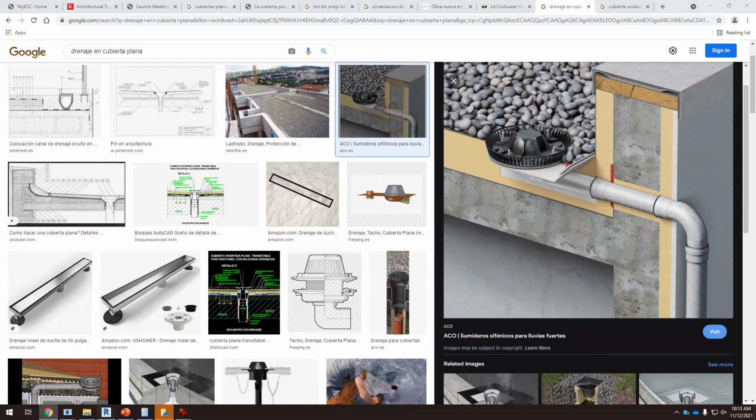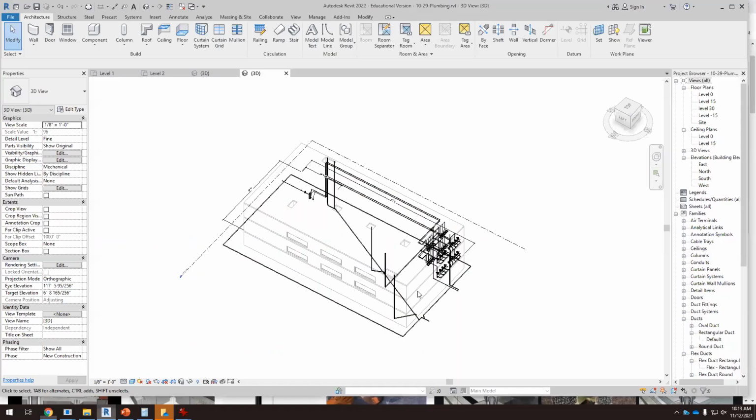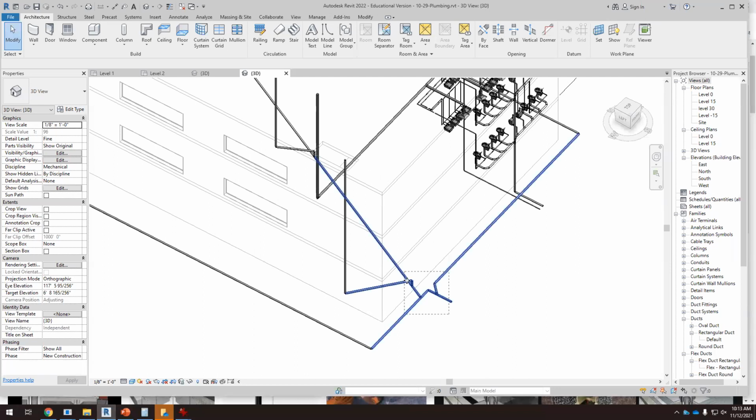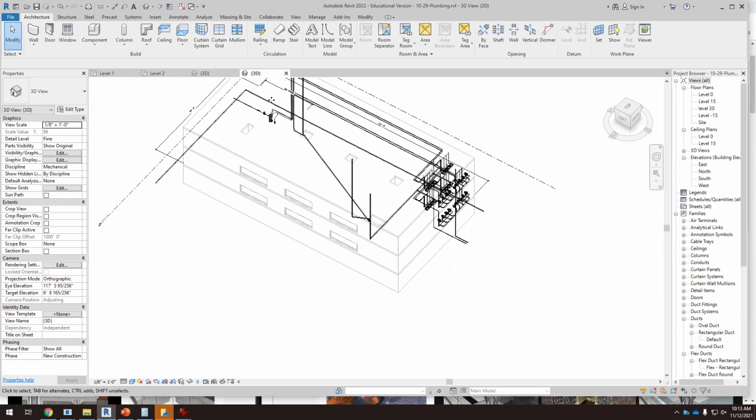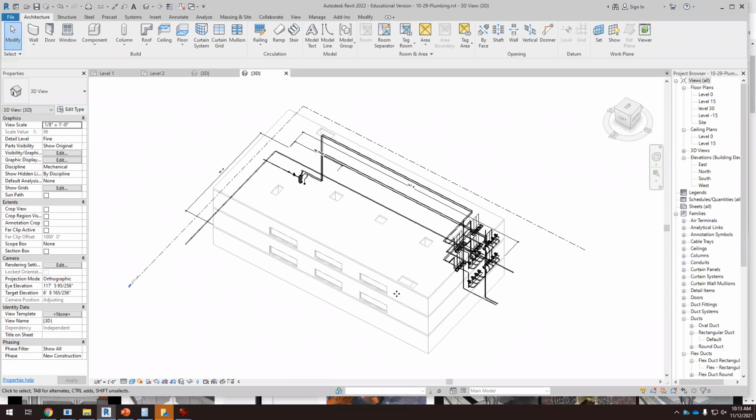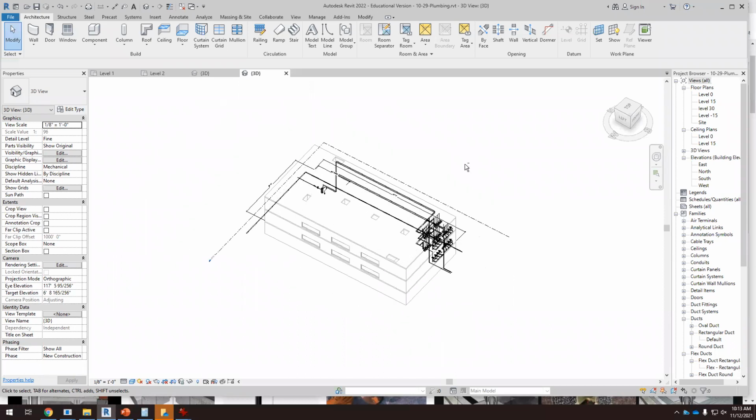If we open this Revit file, I'm going to delete everything that we did before. Okay, in this building, we have designed the water supply, we have designed the drainage.